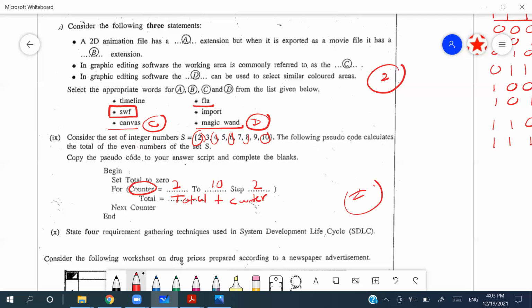So the final part of the first question: state 4 requirement gathering techniques used in system development life cycle. So you can say observations, the questionnaires, and interviews. What else do we have?